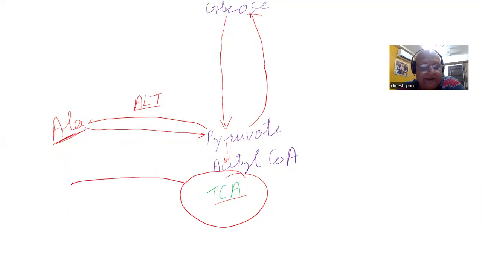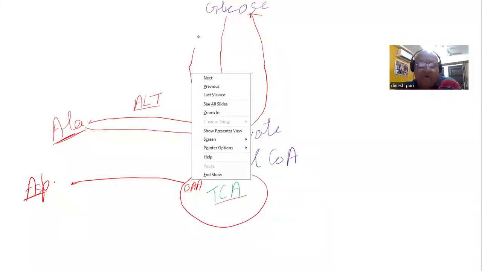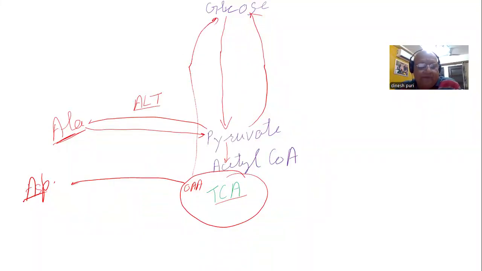By reversal of the reaction, aspartate can form the TCA intermediate, oxaloacetate. And you also know that all TCA intermediates are substrates for gluconeogenesis. They can all form glucose. So oxaloacetate can form glucose. So aspartate also becomes a glucogenic amino acid.